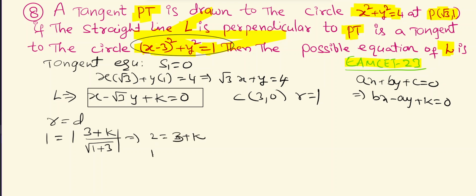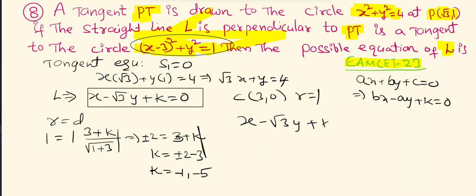So 3 + k = plus or minus 2, and k = plus or minus 2 minus 3. Therefore k values are 2 - 3 = -1 and -2 - 3 = -5. The possible equations of L are x - root 3 y + k = 0.